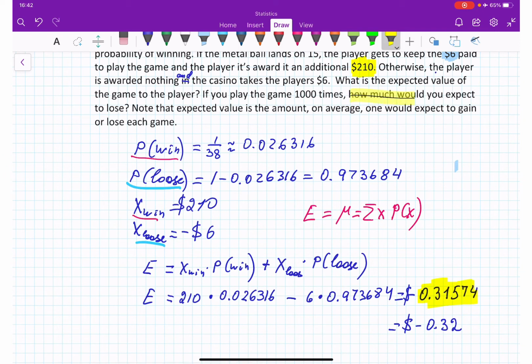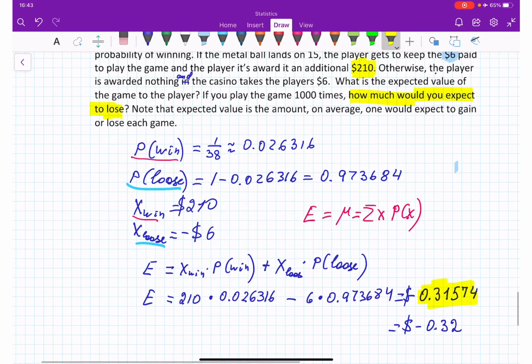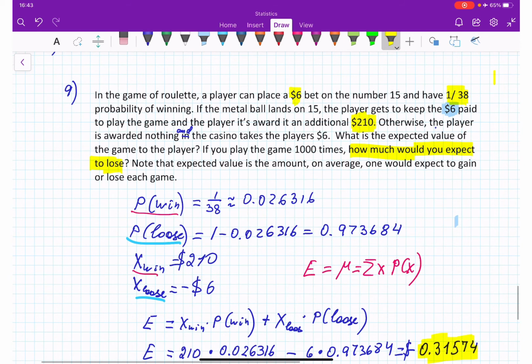All right. Now, the second question is, how much would you expect to lose? Okay, so the player would expect to lose how much? We have a total of 1,000 times, right?